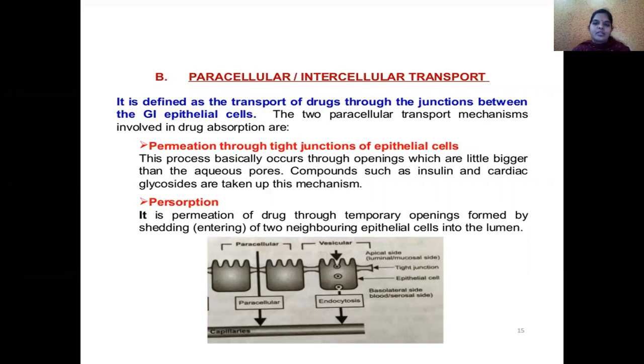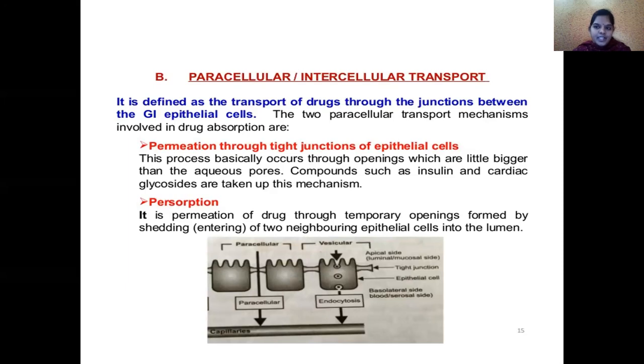Welcome to our class. Again, we will recollect what we have discussed in the last classes. We are discussing the transport mechanisms of drug absorption through the GIT. What are the various transport mechanisms available for drug absorption?